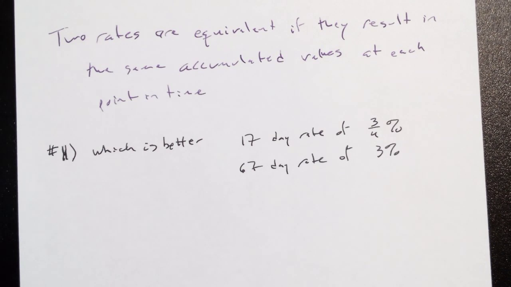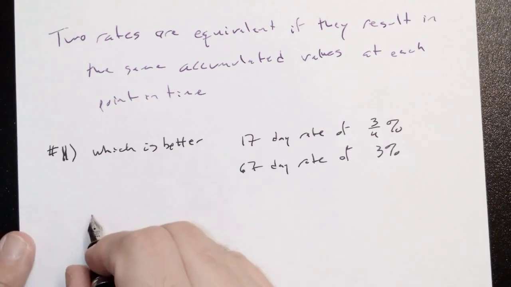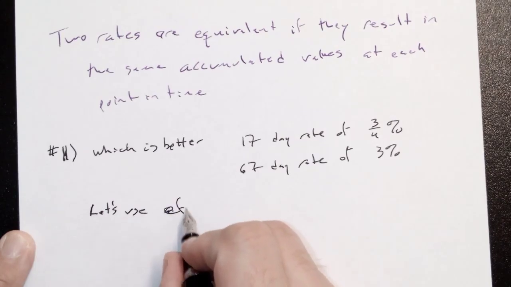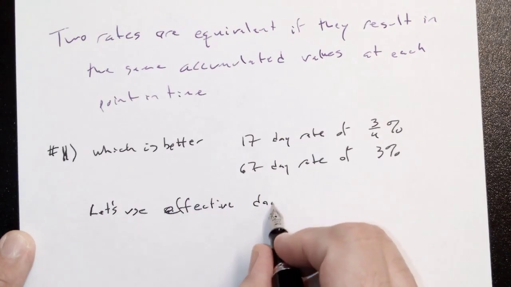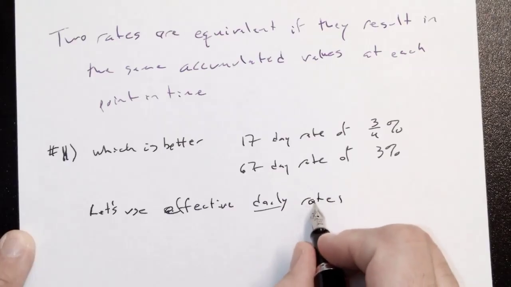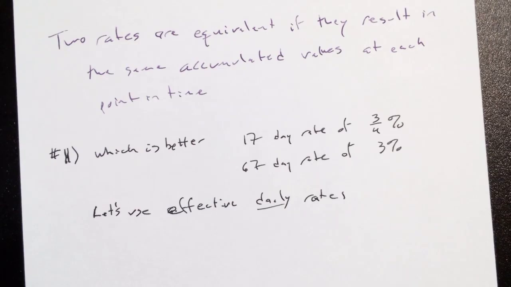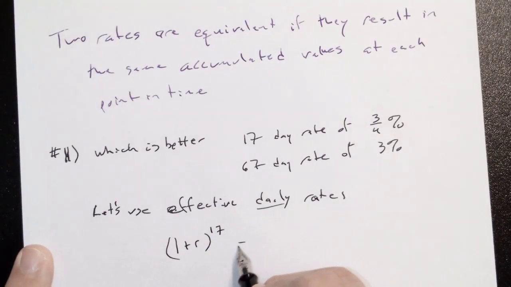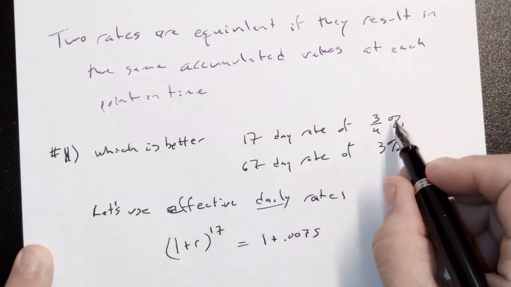How do I do that? Right, because I know that 1 plus R to the 17th should be equal to 1 plus 0.0075, right? 3/4 of a percent.